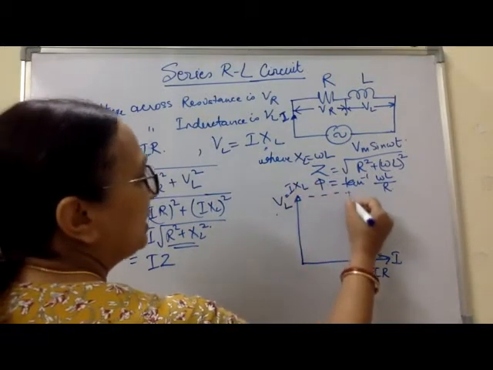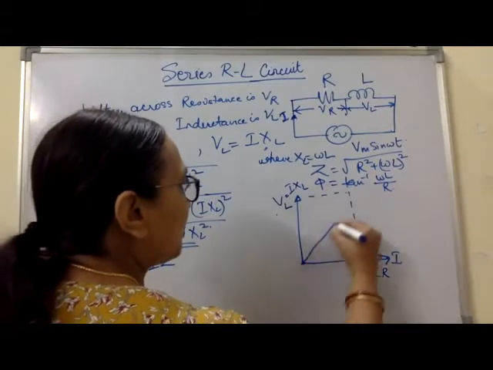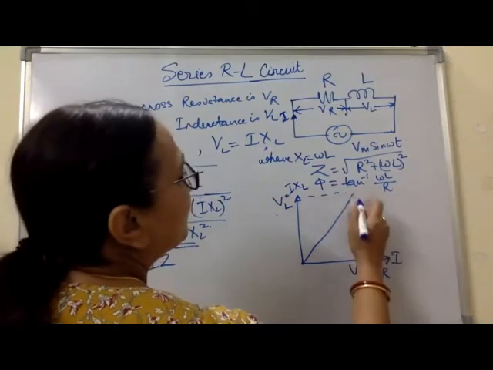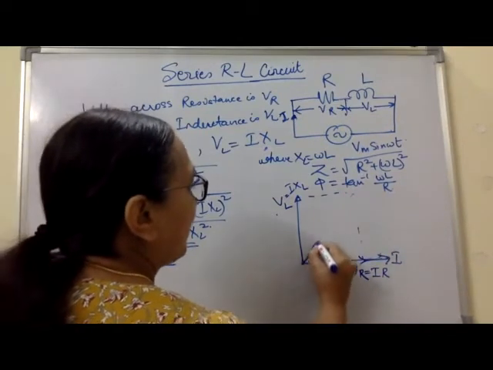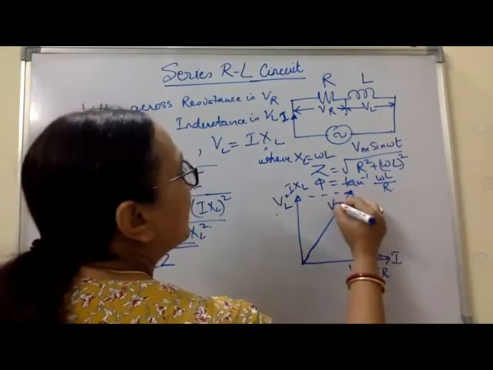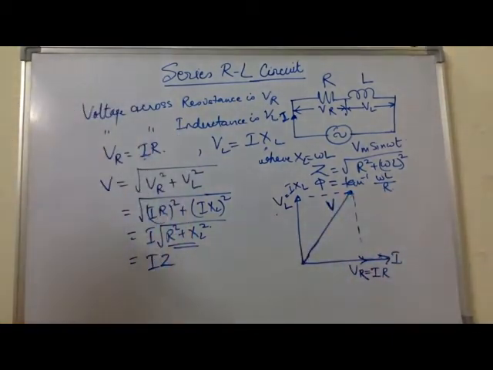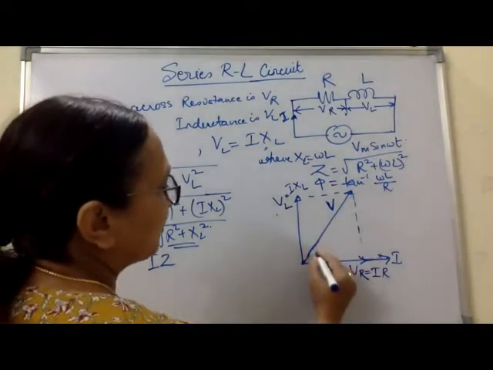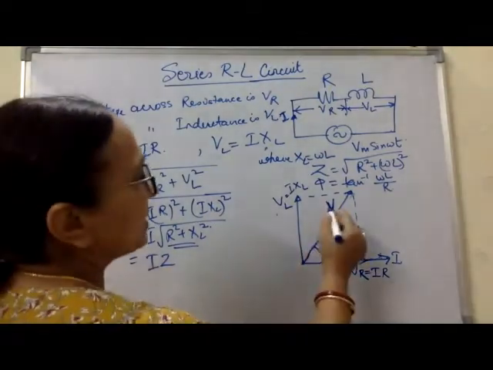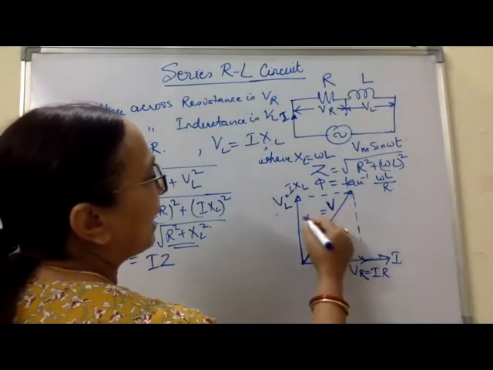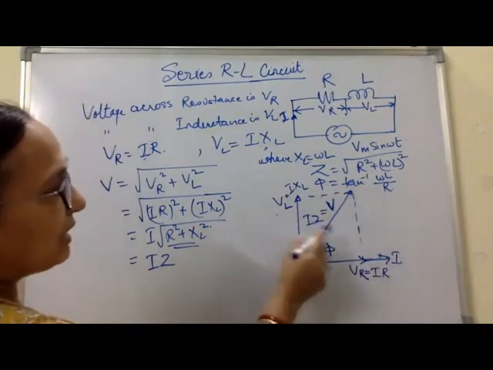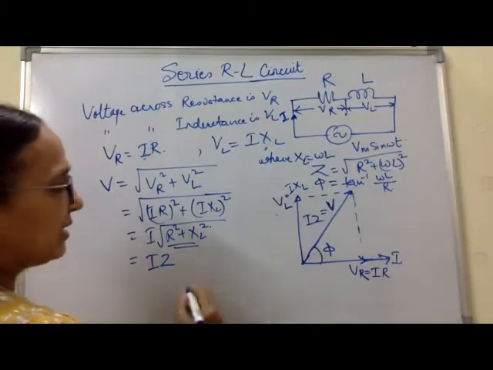Now when we found the resultant of the two, we get the voltage V. This is our voltage V. So this is the applied voltage V and this is your angle phi. Now because this V is nothing but I into the impedance, so if in this phasor you divide all the vectors by the current phasor, what will you get?